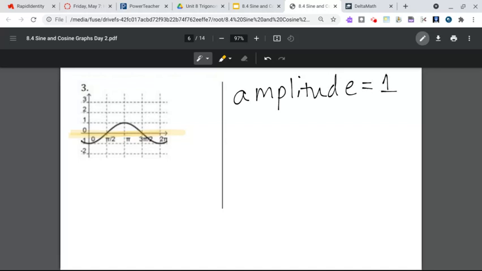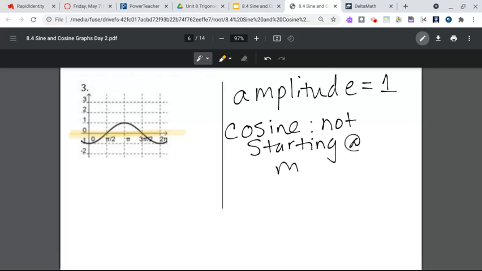Okay, I realize it's not starting at its midline. Because it's not starting at its midline, it's a cosine function. Now, yesterday you should have talked about how cosine functions start max, midline, min, midline, back to max.